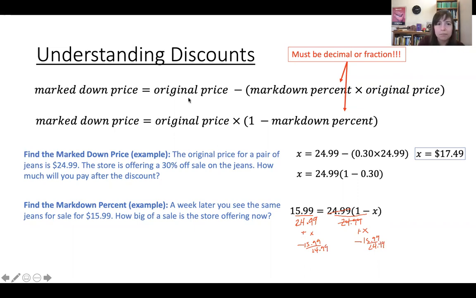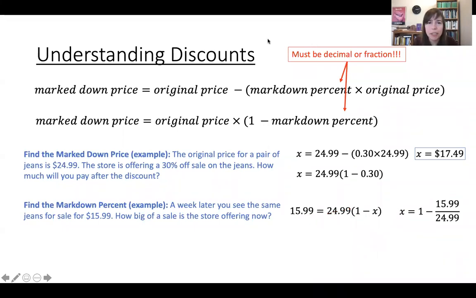And then you should get x is 1 minus 1599 over 2499. Plugging that into your calculator, you get x is 0.36, or 36%.